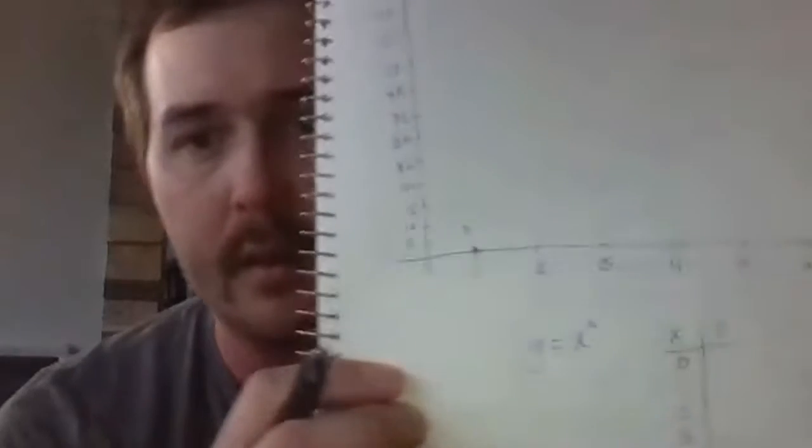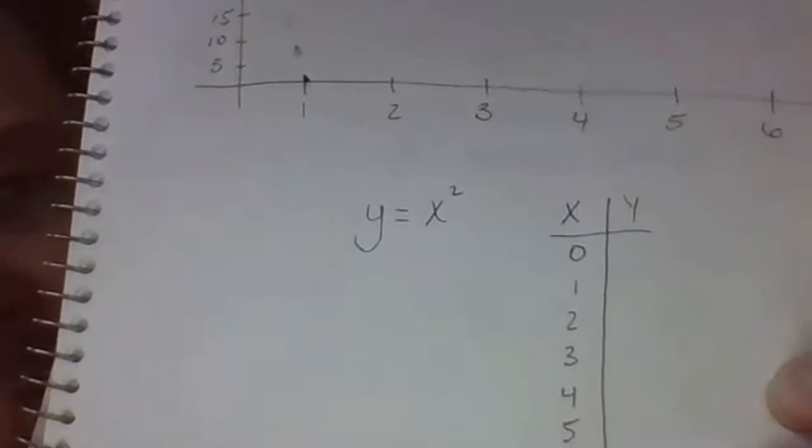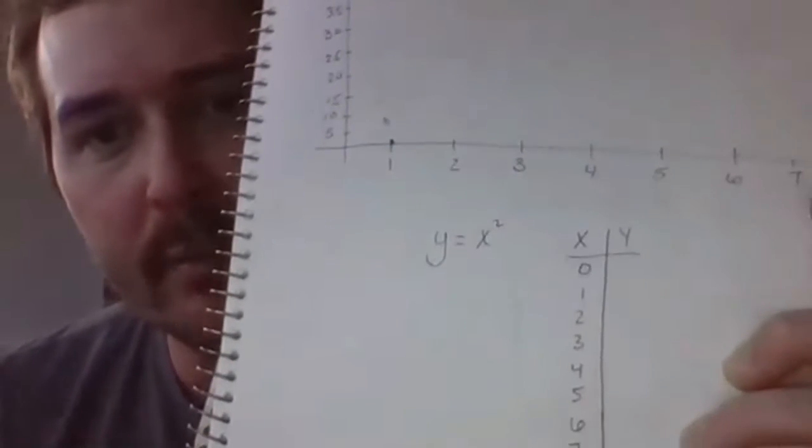Remember when we were working on slope-intercept form in multiple different ways for both integrated and for 8th grade math, our equation can look just like this. Y can equal x squared. All right, we can look at the exponential activity or the exponential pattern just by doing a simple table here.